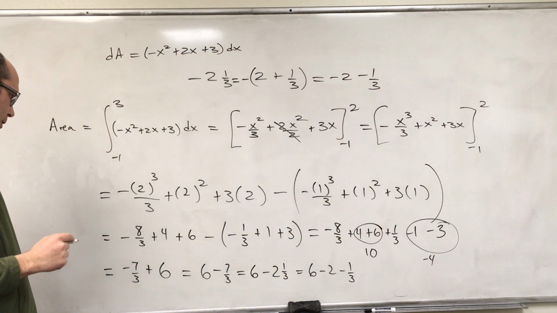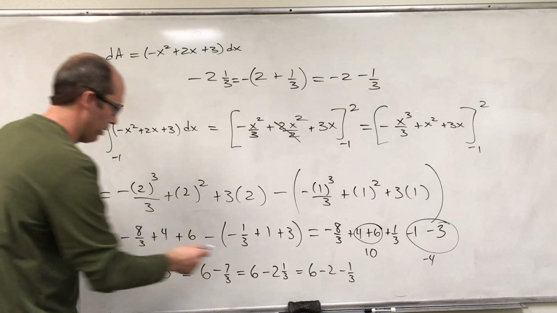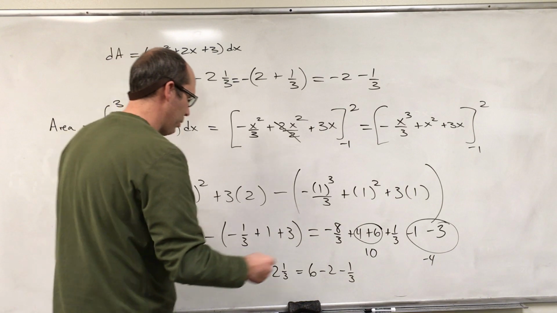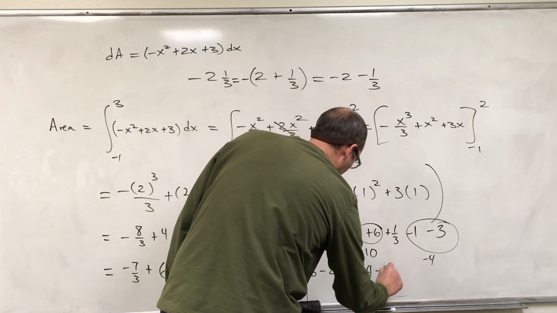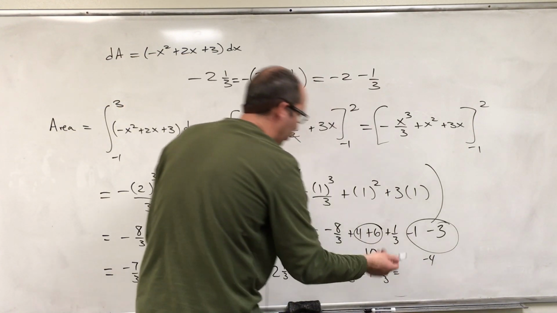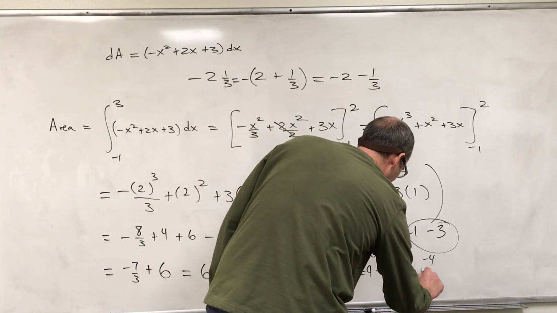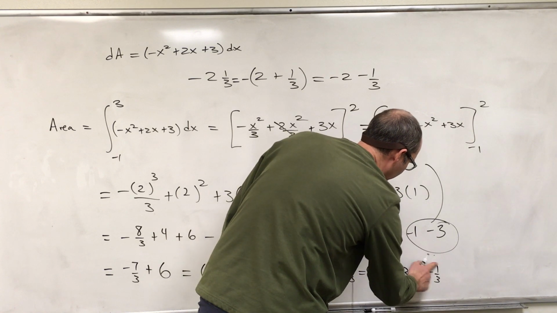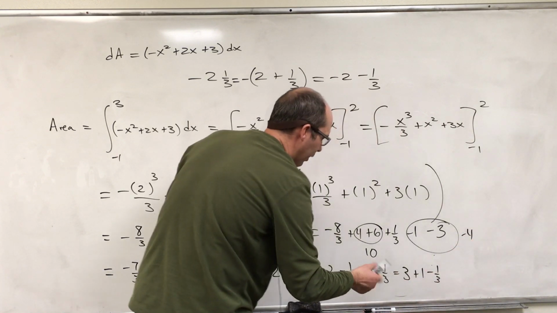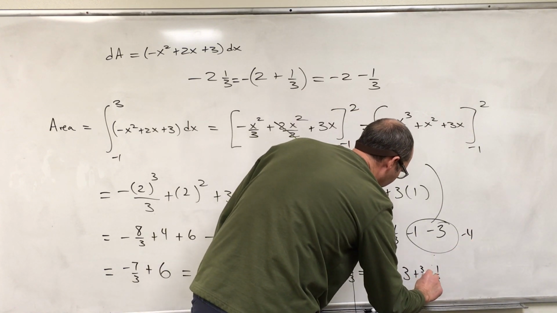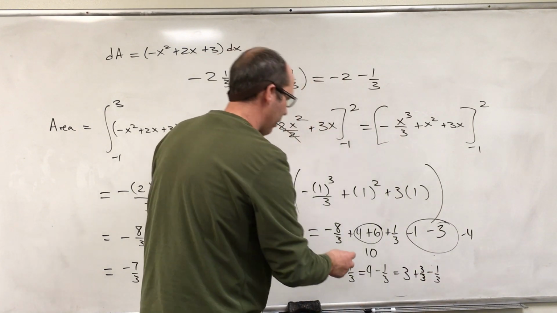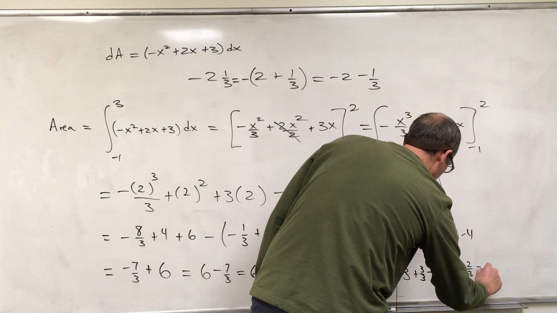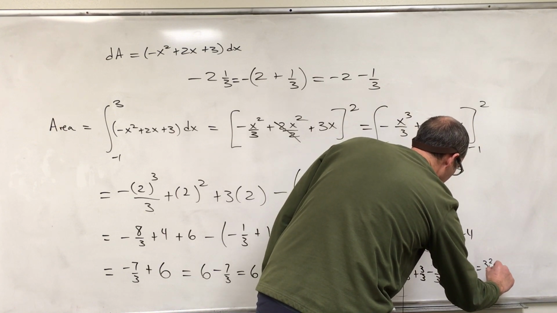Okay, that works. Then 6 minus 2 is 4. 4 minus 1/3: that's 3 plus 1 minus 1/3. 1, as we know, is 3/3. So this is 3 plus 2/3, which is 3 and 2/3.